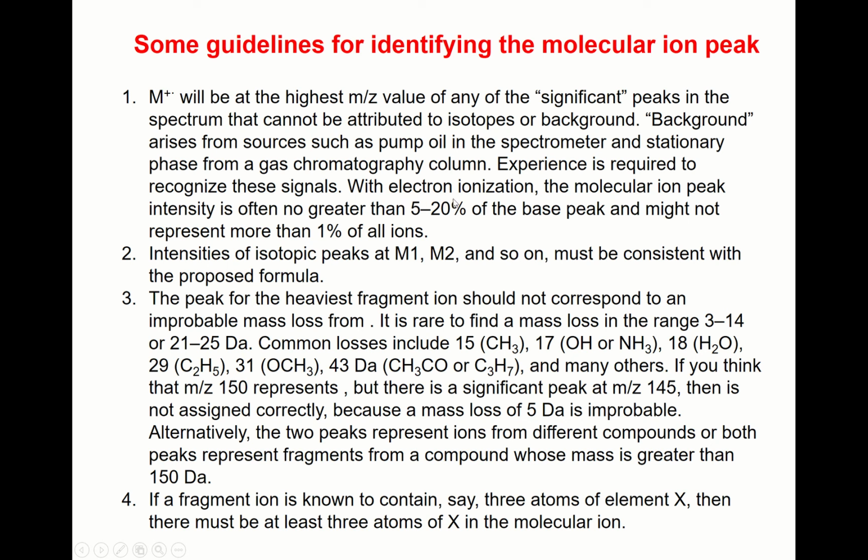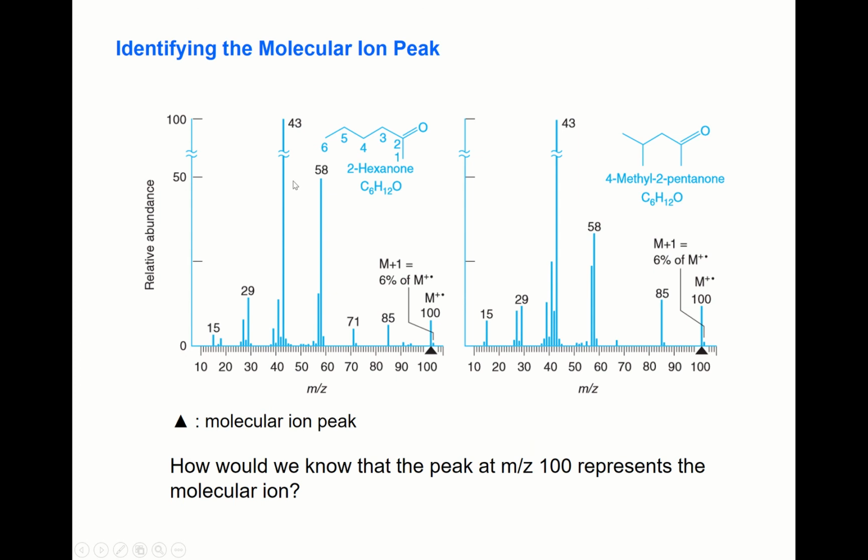With electron ionization, the molecular ion peak intensity is often no greater than 5 to 20% of base peak, okay, and might not represent more than 1% of all ions. All right. So when you use electron ionization, okay, here this is from electron ionization, and this is the base peak.